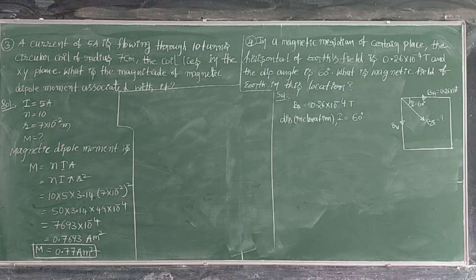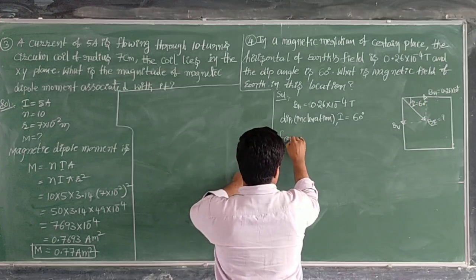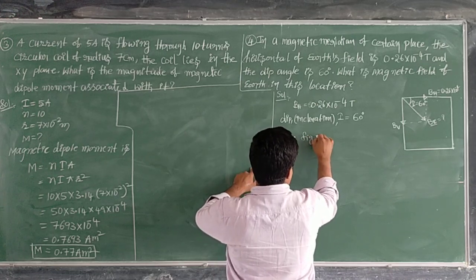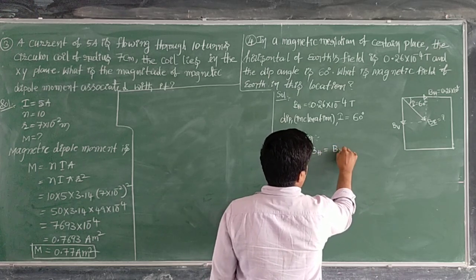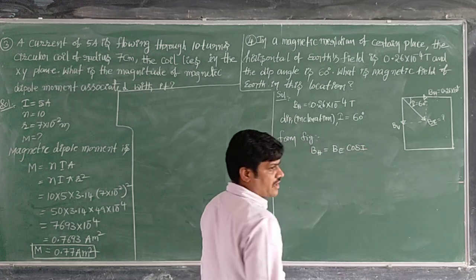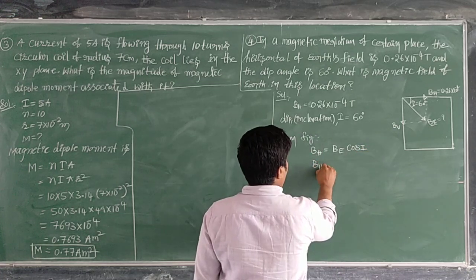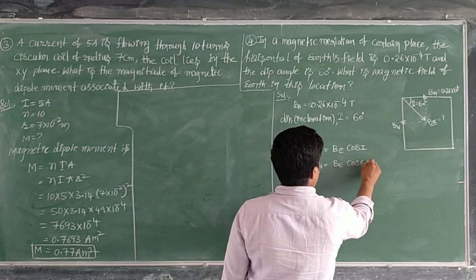Now to find this, consider a right angle triangle. Cos theta is equal to adjacent side by hypotenuse. So from the figure we can write: horizontal component of Earth's magnetic field is equal to BE cos I, that is BH equals BE cos 60 degrees.